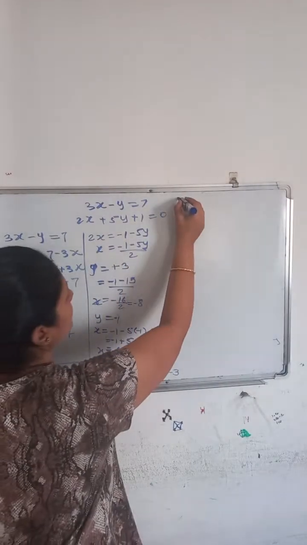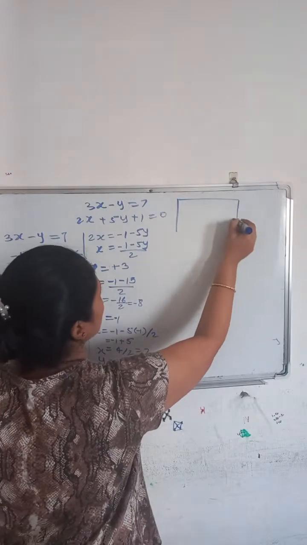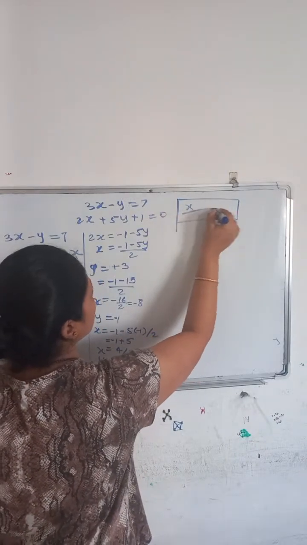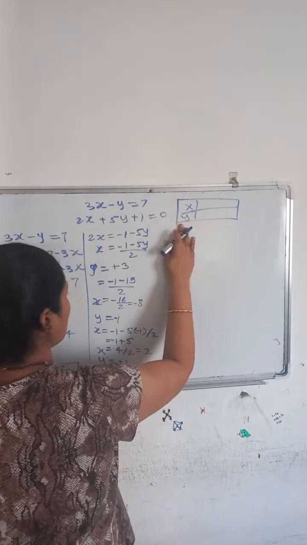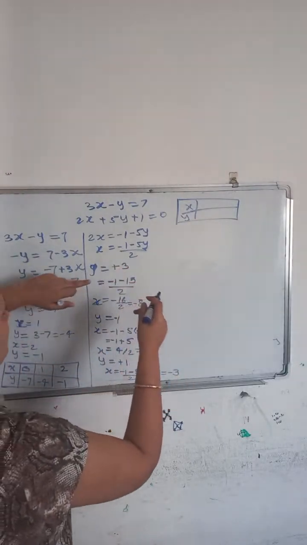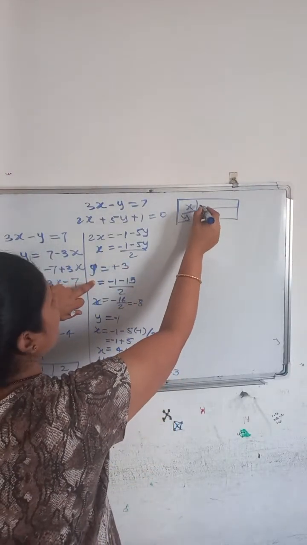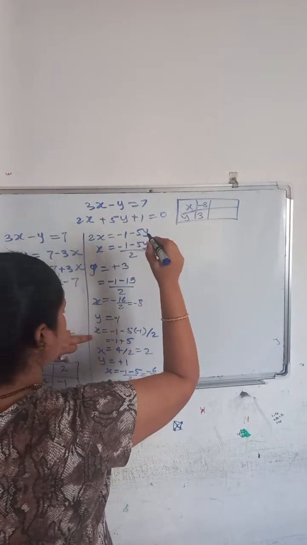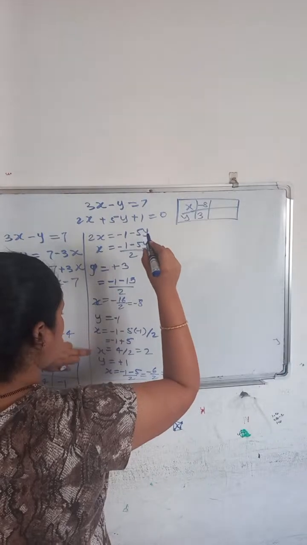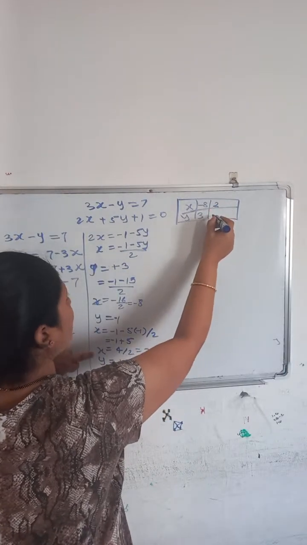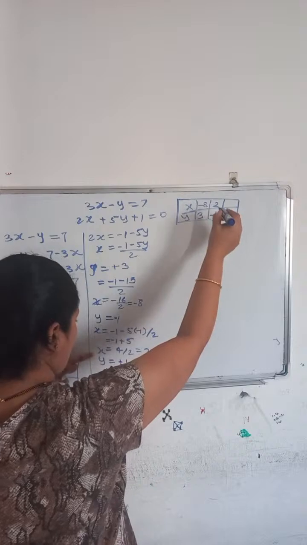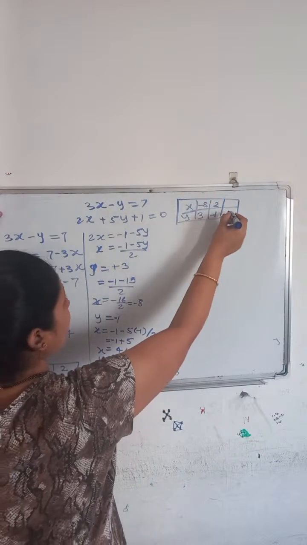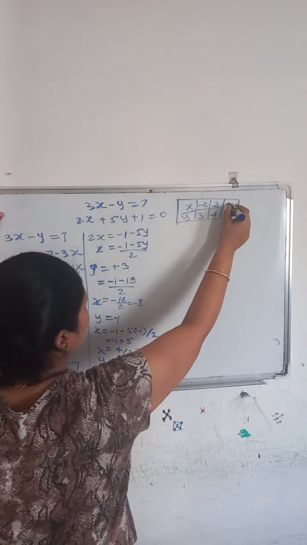And if I make a table for this equation, here this is x and y. Whenever y is 3, at that time x is minus 8. Whenever y is minus 1, at that time x is 2, and in the next case whenever y is plus 1, then x is minus 3.